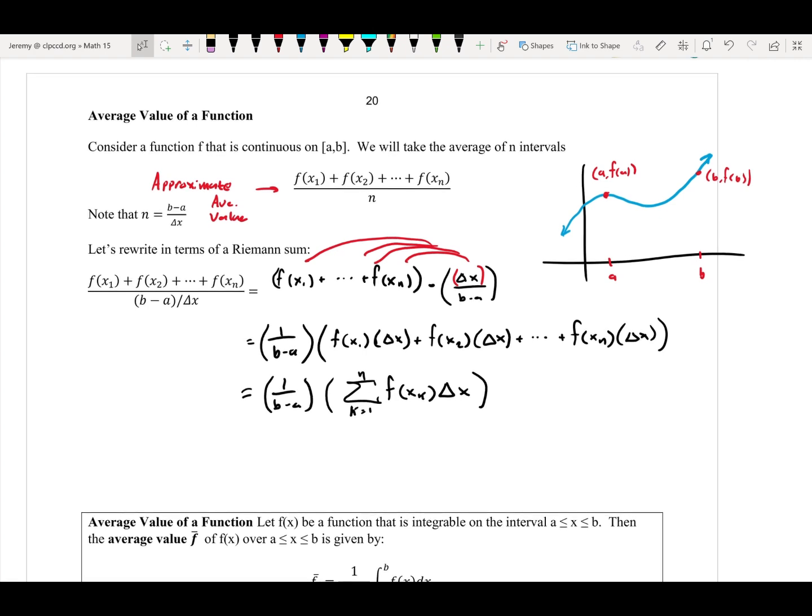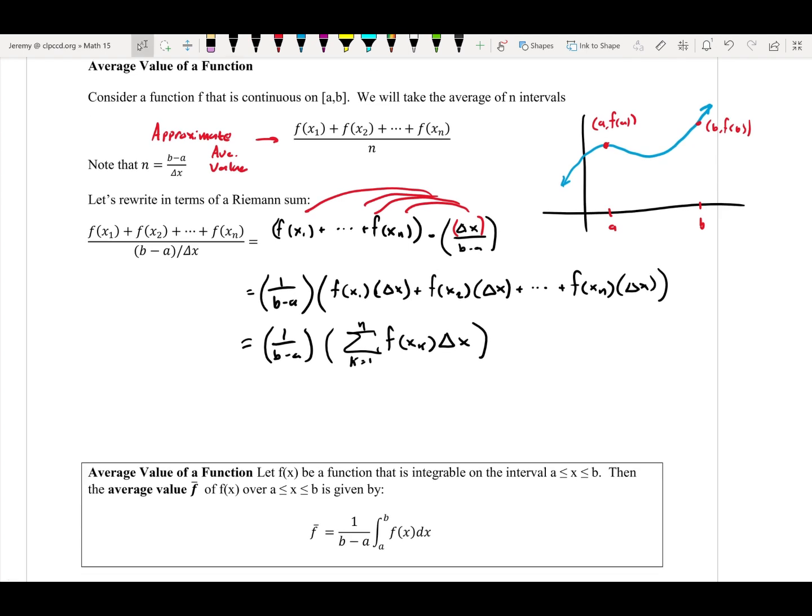So if we wanted to do the thing that we did to define the definite integral, where we take the limit as the number of subintervals n goes to infinity, we're going to be left with a really nice formula for the average value. So now we want to take the limit as n goes off to infinity, and we're left with this.